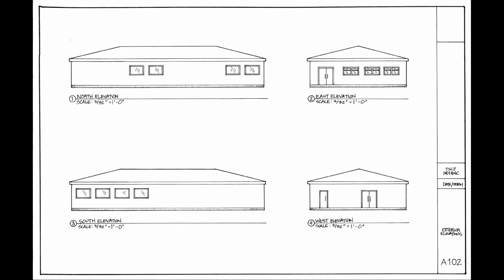You can see here also that the numbers inside the triangle on the elevation tags themselves are coordinated here. So drawing 1 on sheet A102, which was the north elevation, you can see here is indicated as drawing number 1. And we remember the east elevation was indicated with a 2 in the little triangle on the elevation tag and sheet A102.